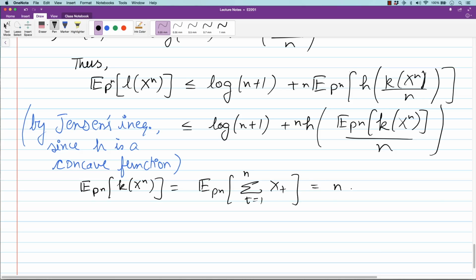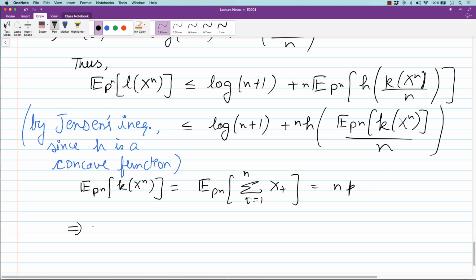So this is simply n times, you can take the expectation inside by linearity of expectation. And what is the probability with which x_t is 1? Let's call this p. So this is n times p, and when you divide by n, this is just p.